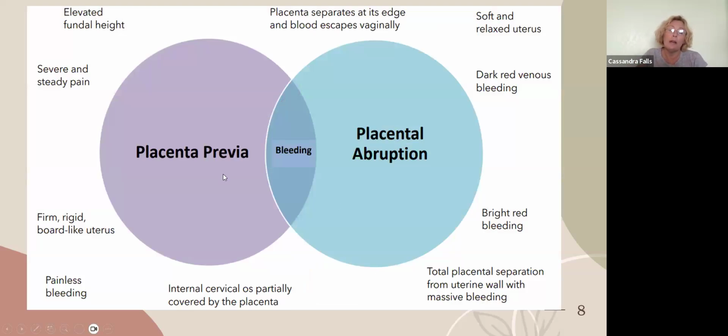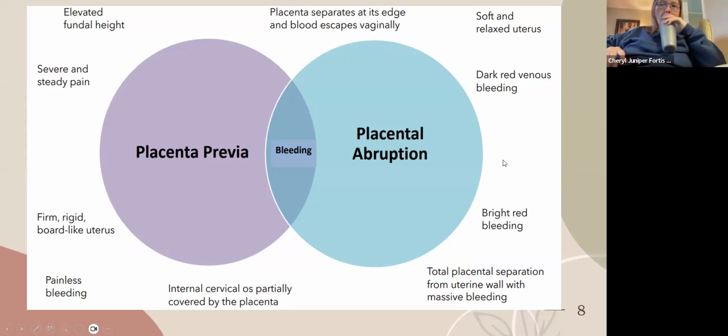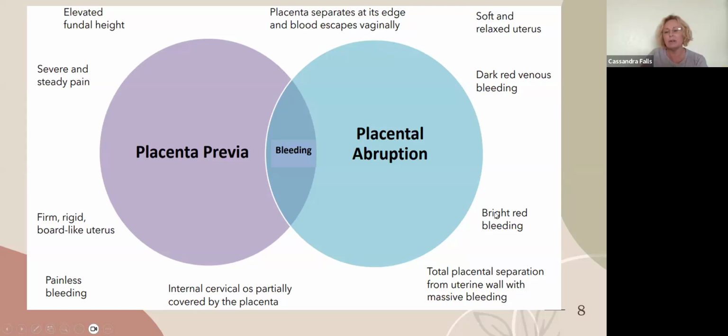Okay, when you have placenta previa, what kind of blood do you think you're going to see? Dark red venous blood or bright red bleeding? Bright red. Perfect. Yeah, you're going to see bright red bleeding that's coming from the maternal side of the placenta.